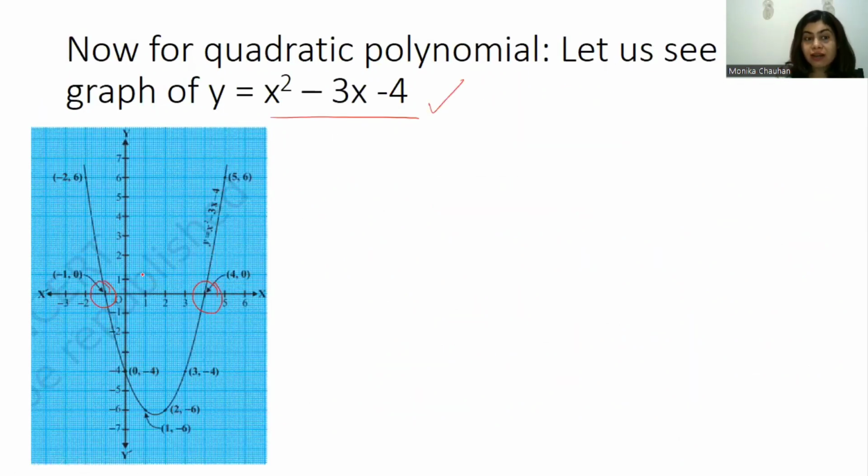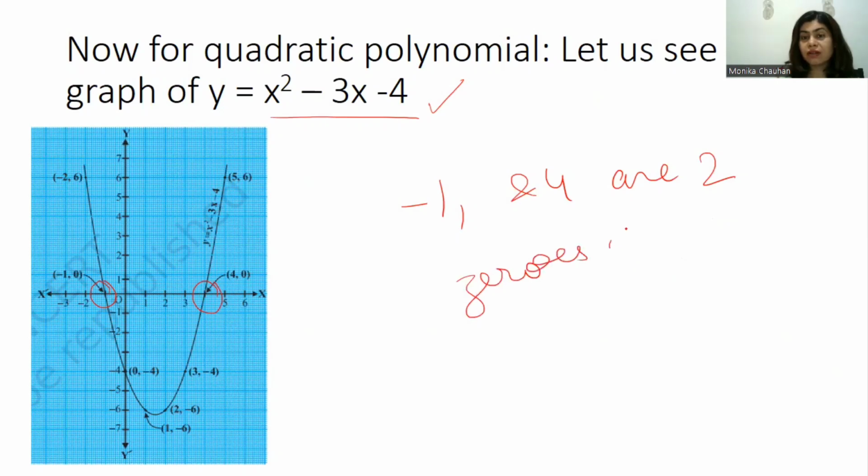When you carefully look at it, it is exactly touching at 2 points. One at 4, which is positive, and one at -1. So it has two zeros. -1 and 4 are two zeros of the polynomial.